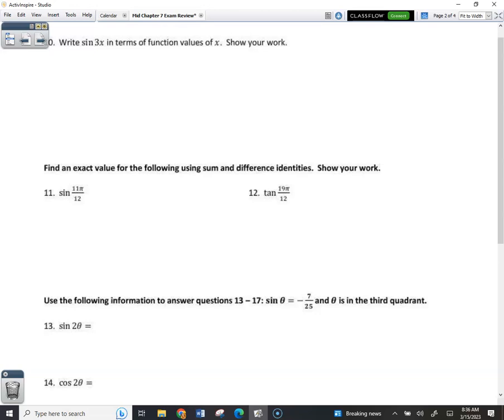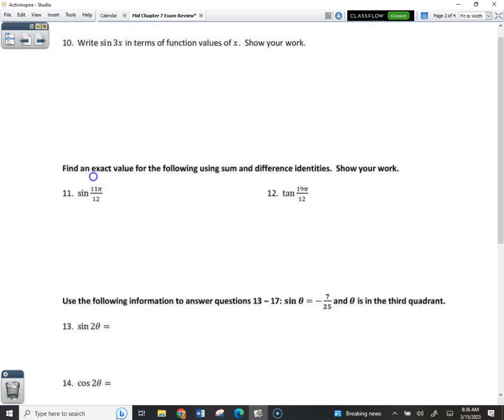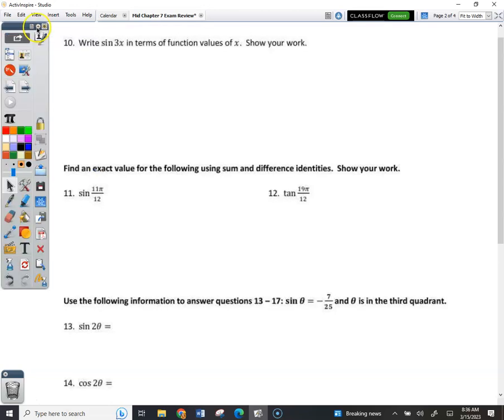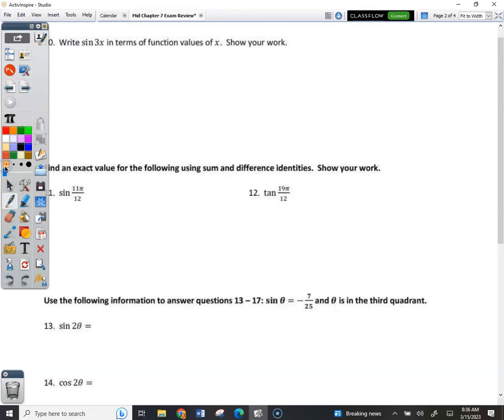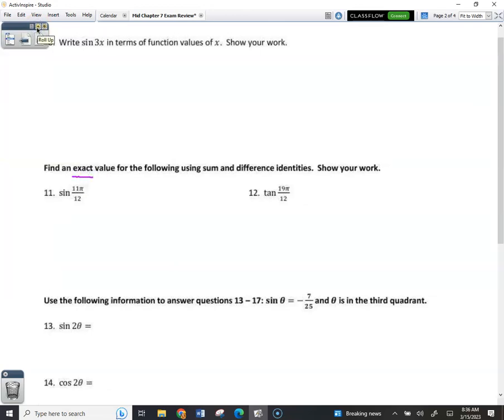So this is saying find the exact value. Exact means no decimals. They want your answer in fraction form. And if there is a square root, they want the square root left there. They don't want you actually square rooting it and writing the decimal.